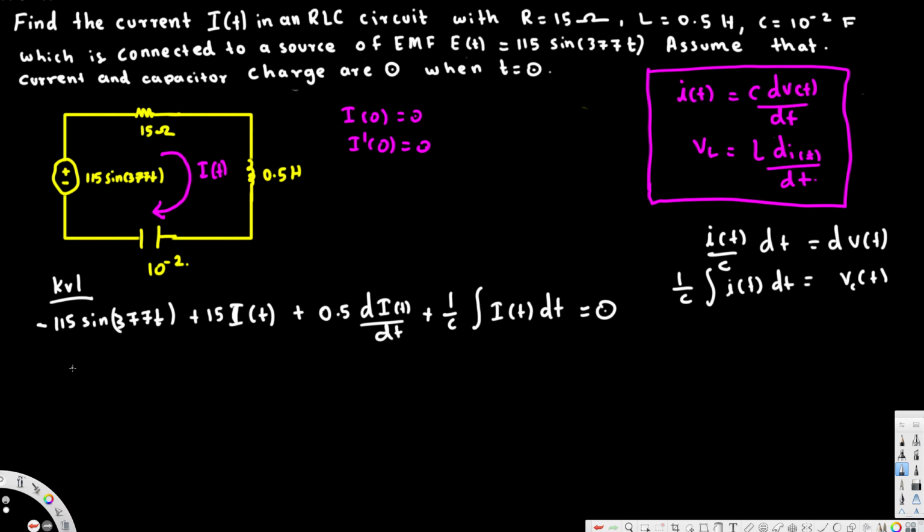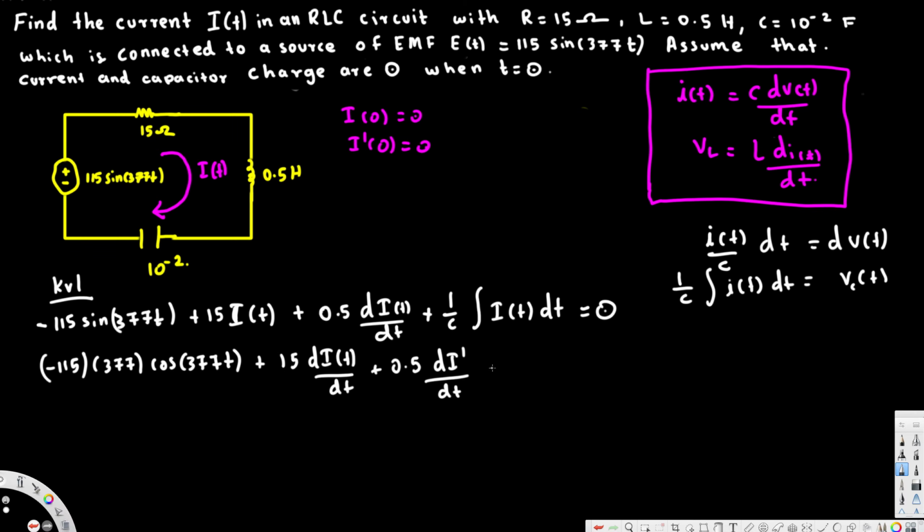In that way we will get negative 115 multiplied by 377 cos 377t, plus 15 di(t)/dt, and this one is going to become 0.5 di'/dt, and this integral is going to cancel, because when we take the derivative, integral and derivative cancel each other, so we are going to have i(t)/c.